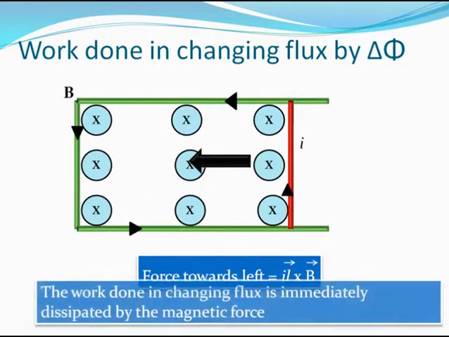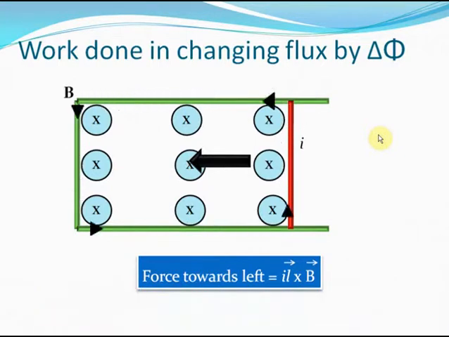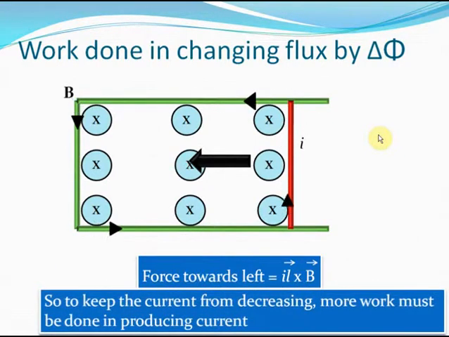This work done should be equal to the exact amount of work that the magnetic force is doing in moving every small charge dq throughout the loop, isn't it? We must keep doing work to keep producing this current I. The work done to keep the flux changing as it is, is the same as the work done in producing this current I again and again, and not allowing it to decrease.